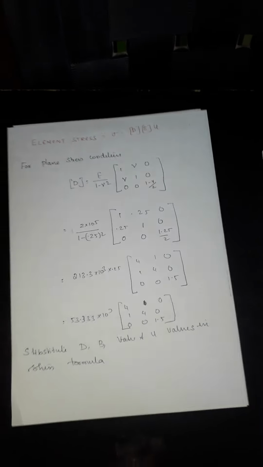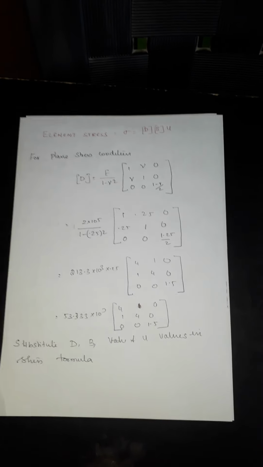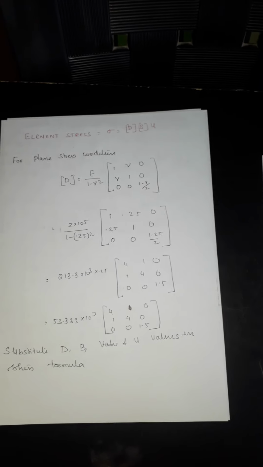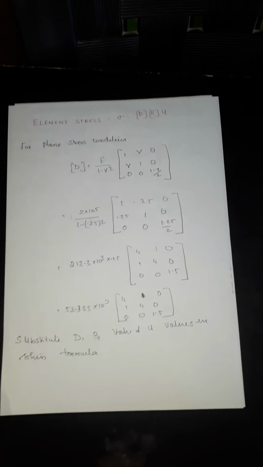Now what do you have to do? I have to multiply the D matrix, the B matrix, the strain displacement and stress relationship matrix, with the displacement matrix, the degrees of freedom, which is given. So DBu: this is given, we don't need to find it out.